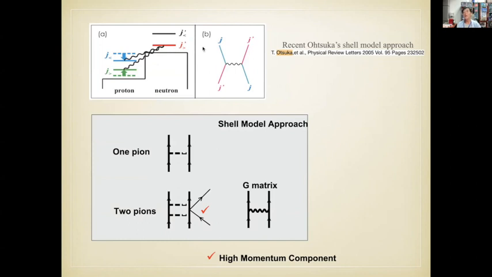And that has had great success. But this is only a part of the tensor effect of the tensor interaction. It's not all. So it's really different if you see this diagram or this diagram. So in the following, I discuss based on this one.